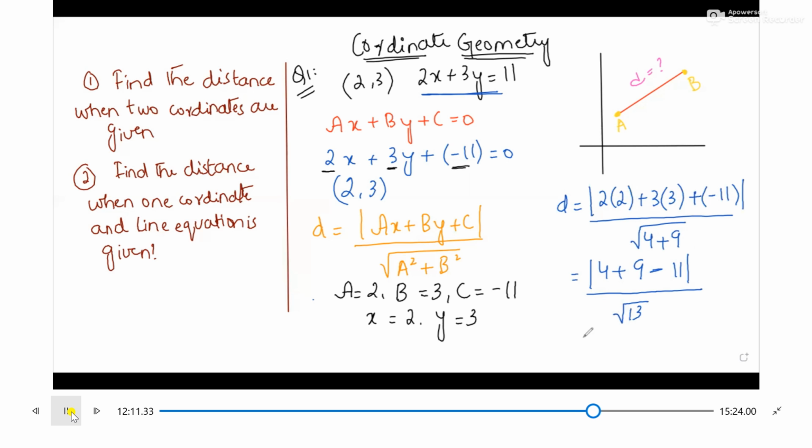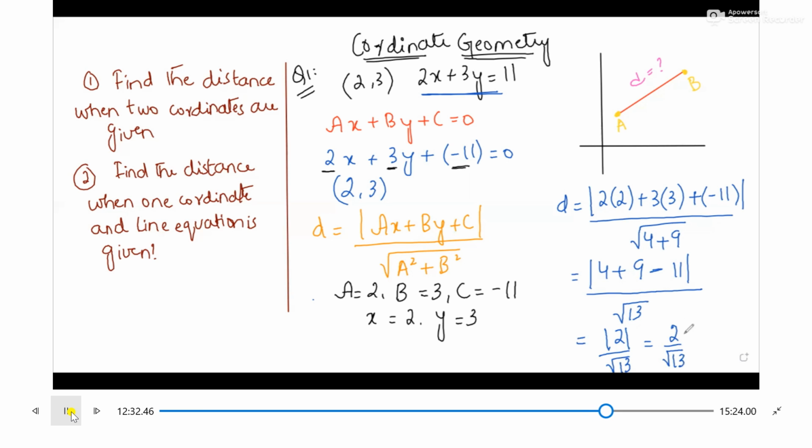So after solving, we will get 4 plus 9, which is 13, and 13 minus 11 is 2, divided by the square root of 13. So our final answer is 2 upon root 13.